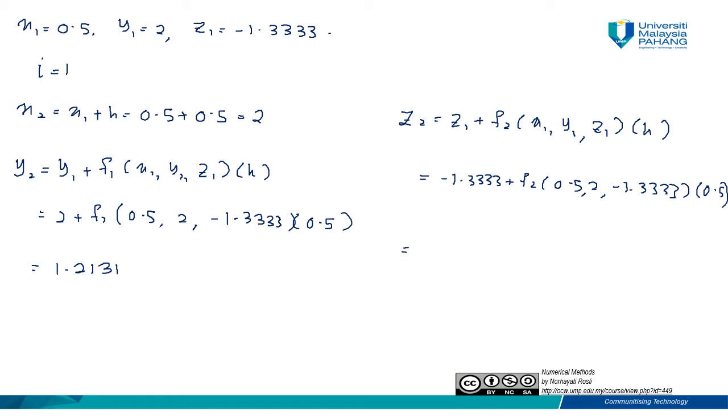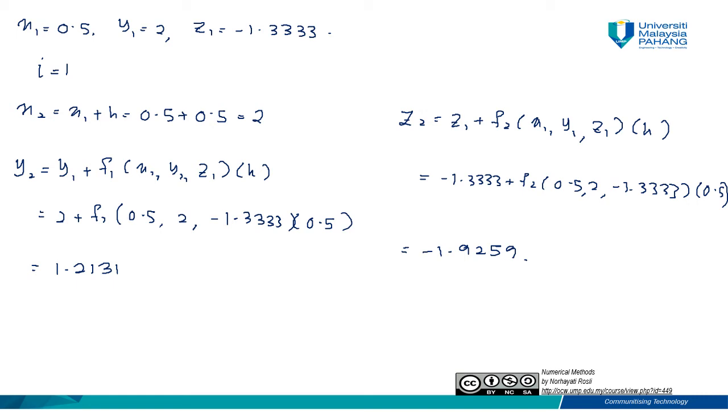Then how to calculate f2? Just substitute into equation f2. So we will have z2 equal to minus 1.9259. So this is the value that we want to find.